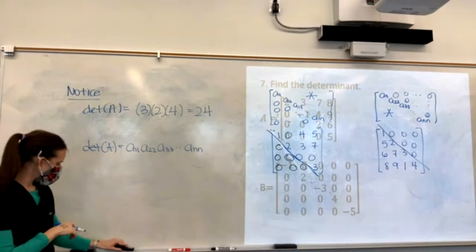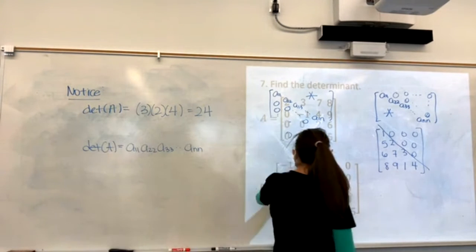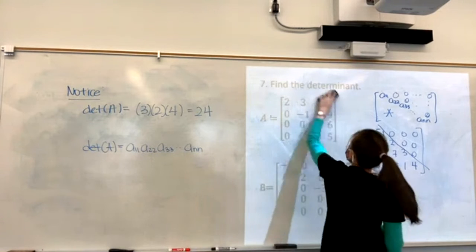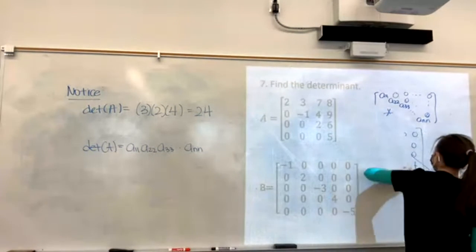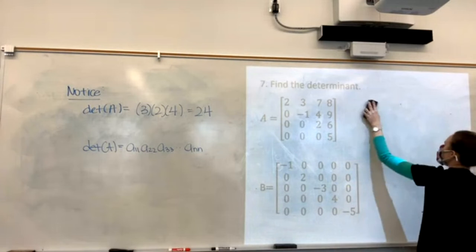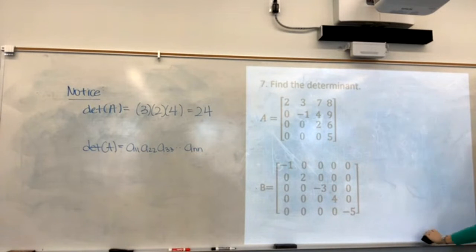So here are a couple of examples for us. So A is an upper triangular matrix.